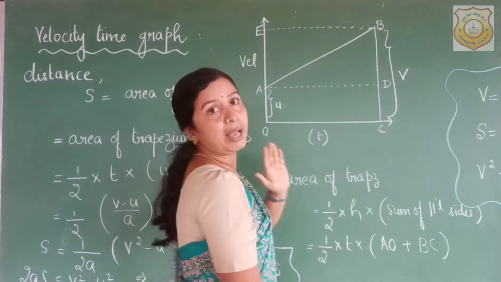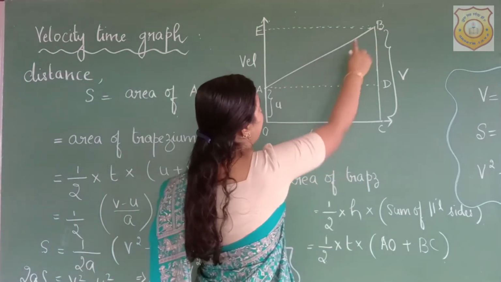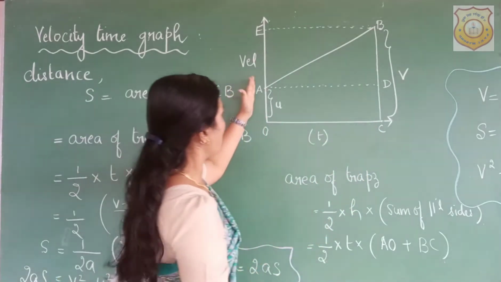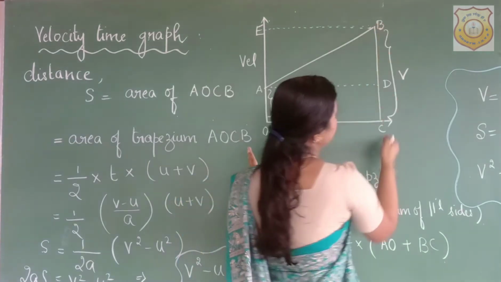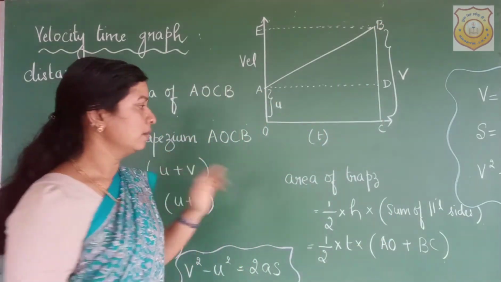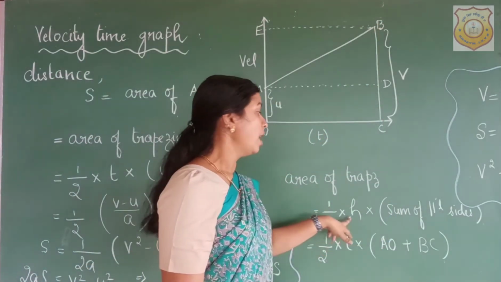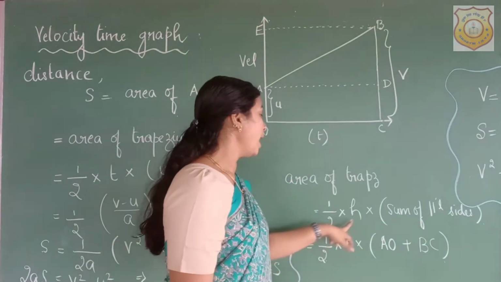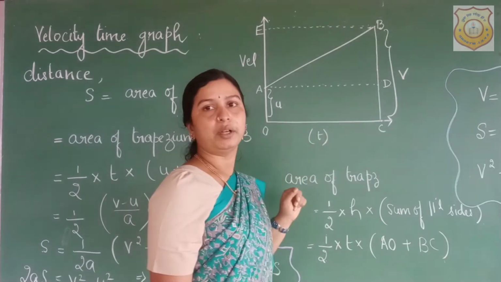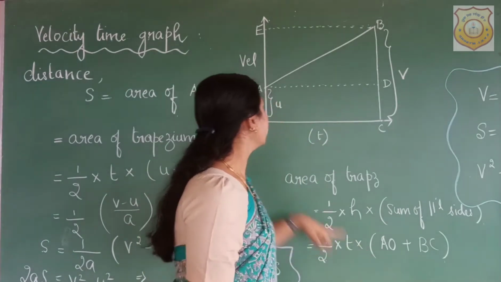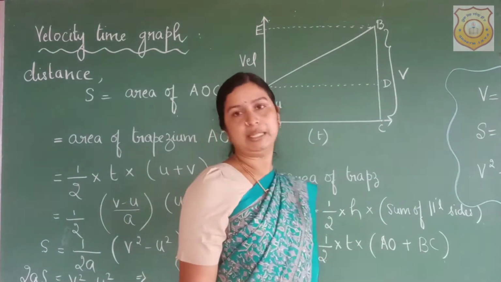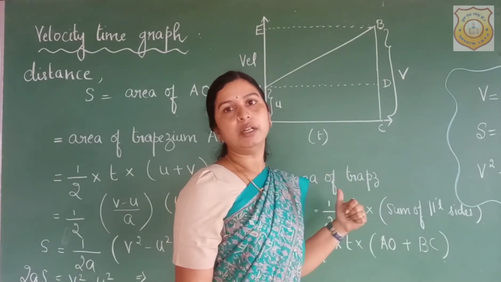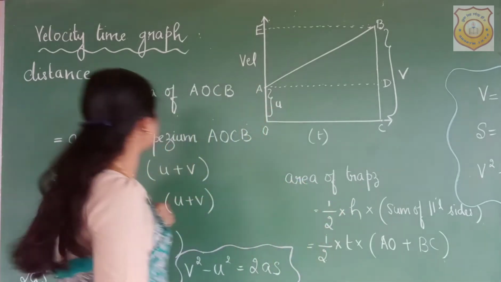And which are the parallel sides? You know this is a slanting line, this is a straight line, so they cannot be parallel. So AO and BC are parallel lines. So half into height into sum of the parallel sides. Height is nothing but OC or t, and the parallel sides are AO and BC. So this is the formula we are going to use to derive the last equation of motion.